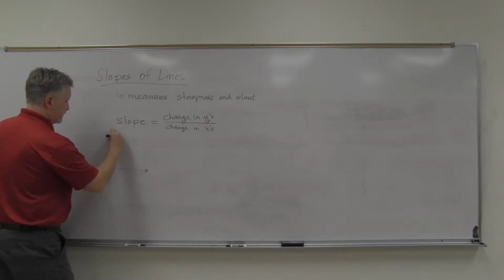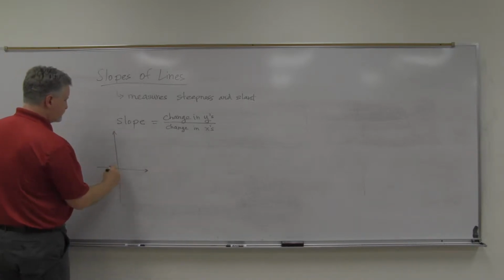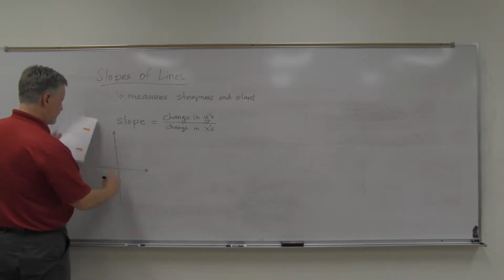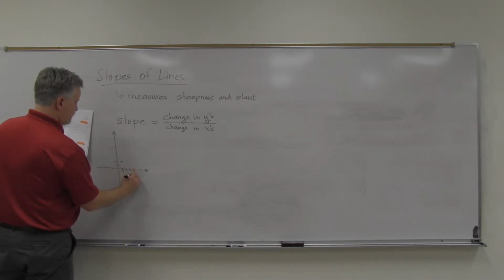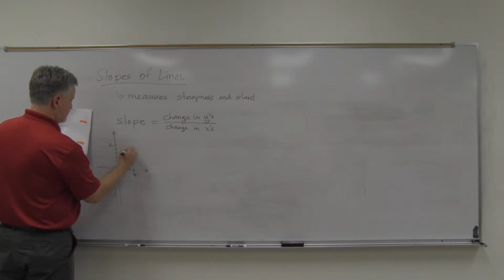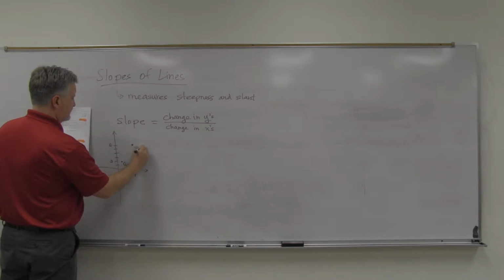Okay, so here, let's say I've got a line with points 1, 2 and 4, 6. That's my points chosen here.